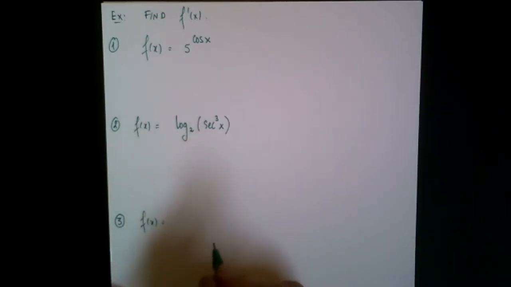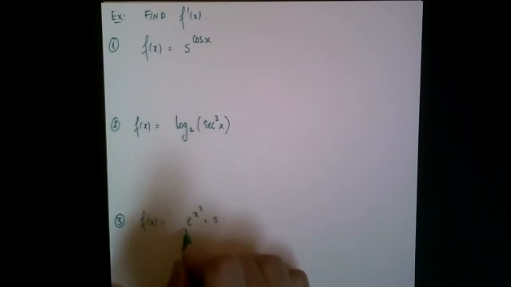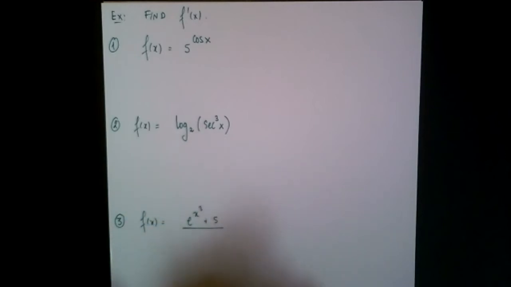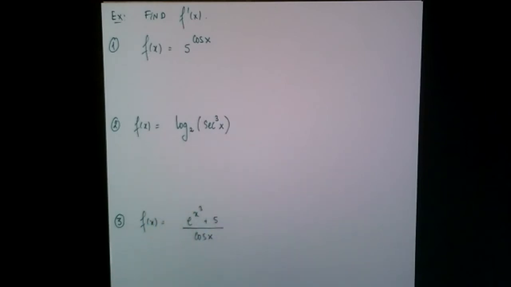Three, f of x equals e power x cubed plus 5 divided by cos of x. Okay, so try these 3.